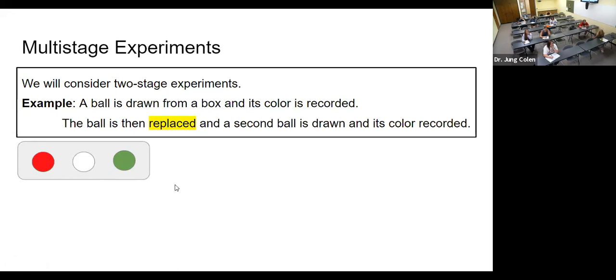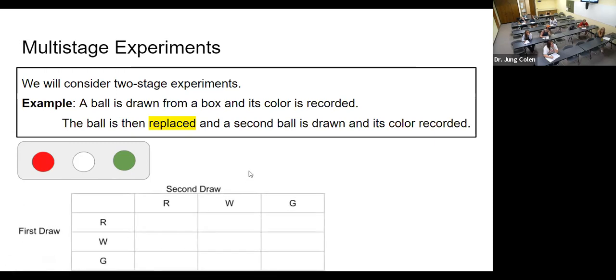We are drawing the ball first from this box. The color could be red, white, or green. And then I flip it back, whether it is red, white, or green. So for the second draw, I still have red, white, and green, right?